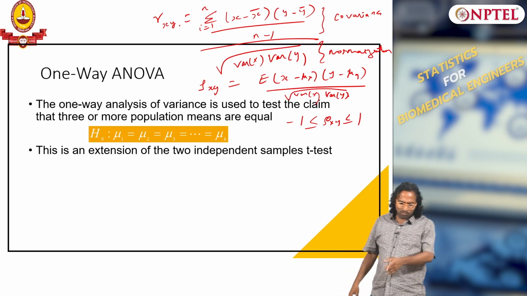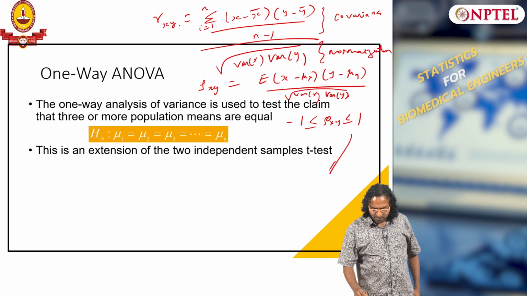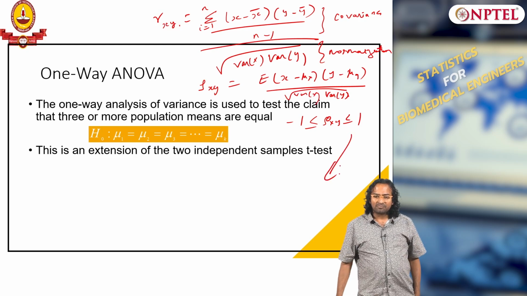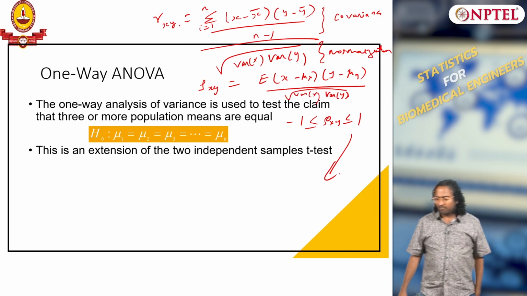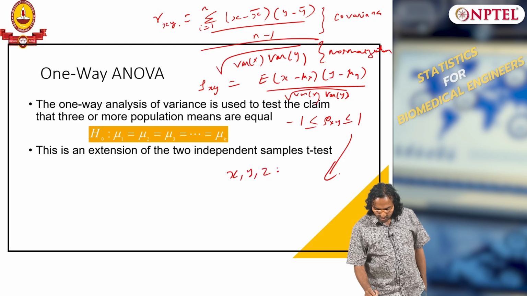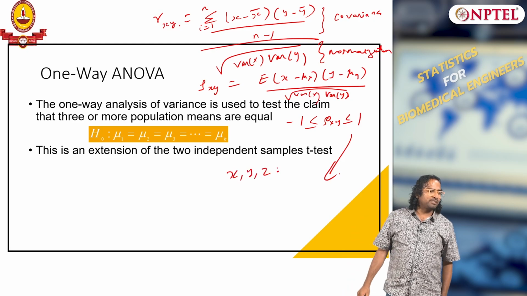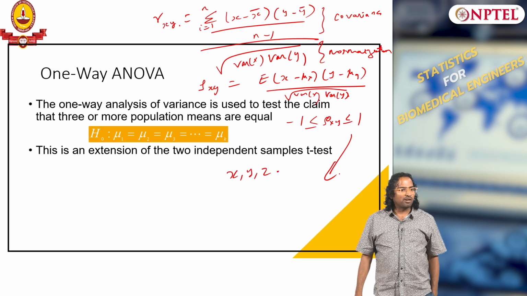So before I go into more variables, how do I do correlation for multiple variables? This correlation is a very powerful concept. Suppose I have three variables x, y and z, how do I compute correlation?